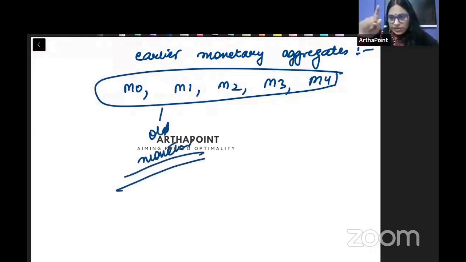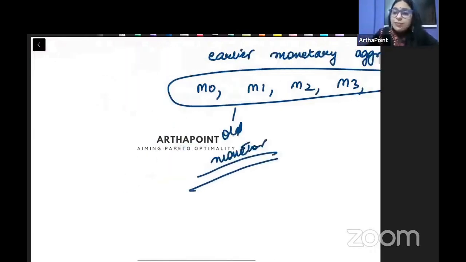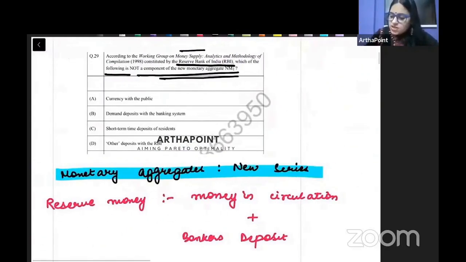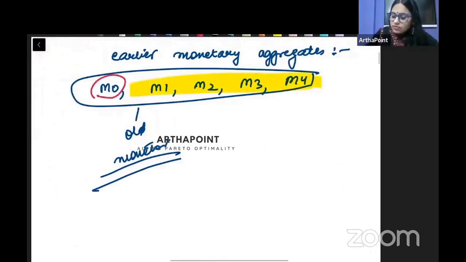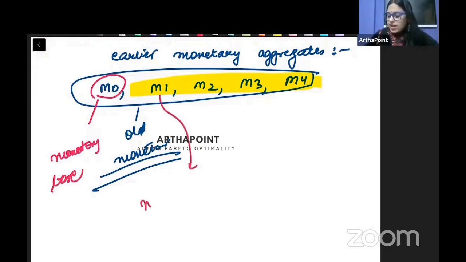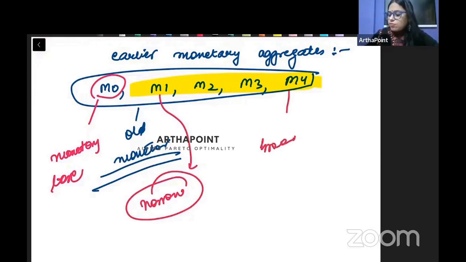The old monetary aggregates are before this working group. इस working group से पहले जो हमारे monetary aggregates थे, they were M1, M2, M3 and M4. Here बच्चे M0 was called as the monetary base. M1 narrow था, most narrow form of money. M4 most broad form of money.